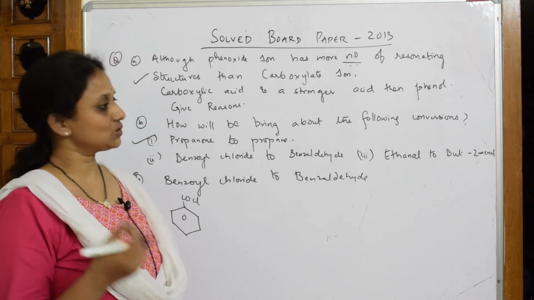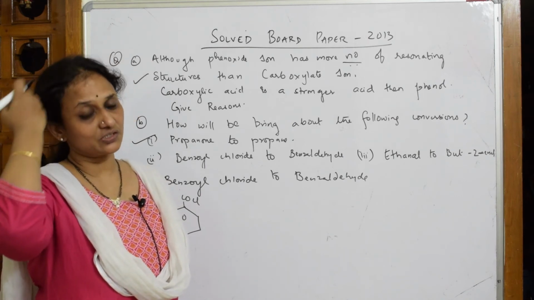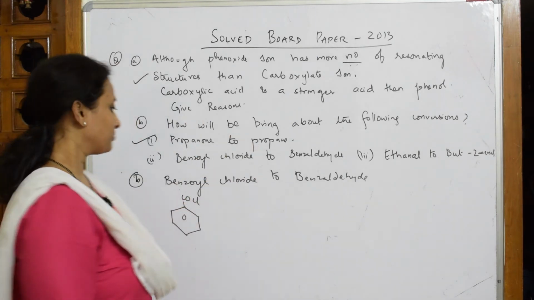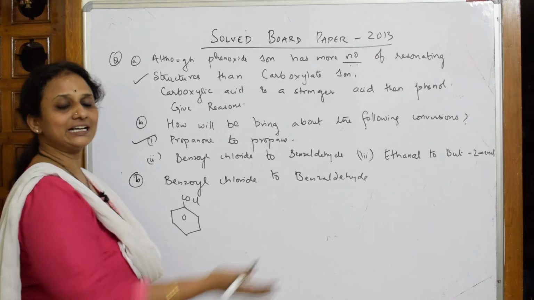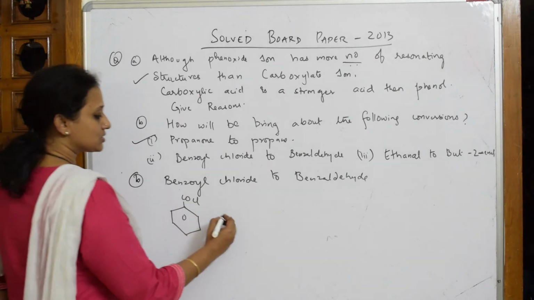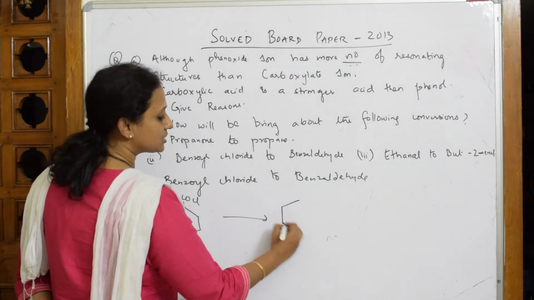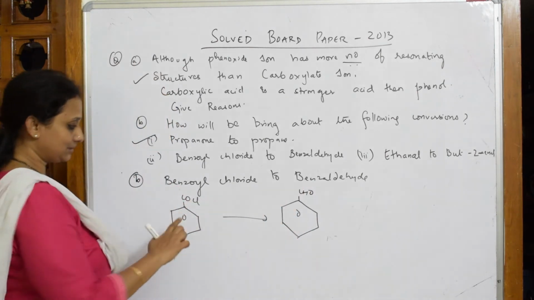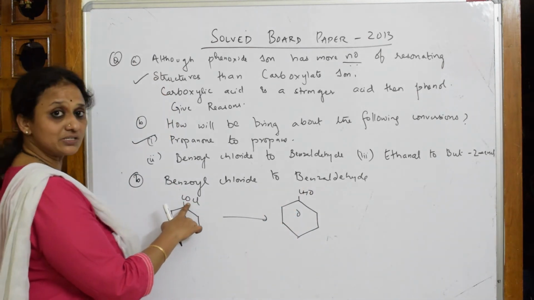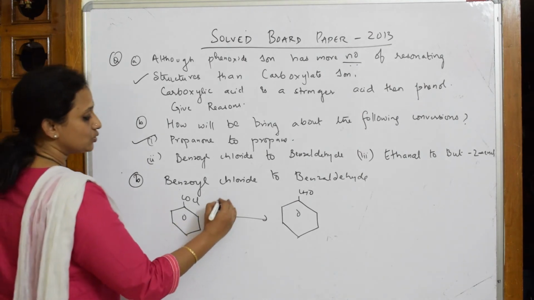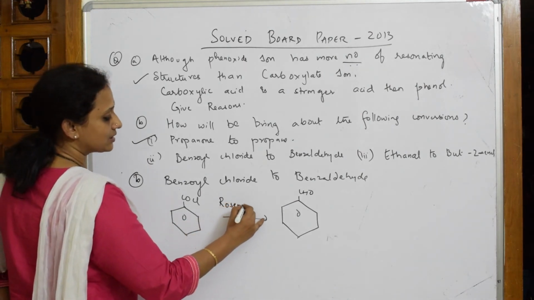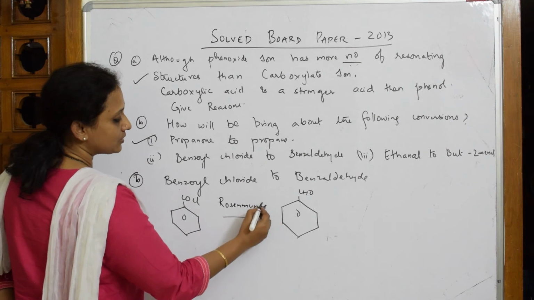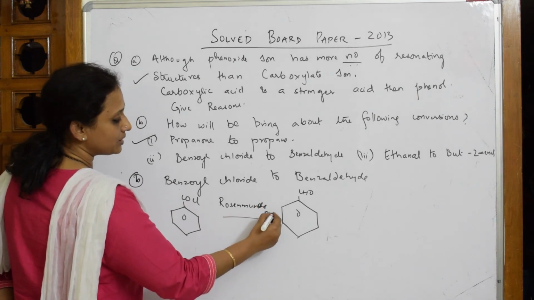So this is also one way of giving name reactions. Instead of giving you name reactions directly, they'll give you in the form of conversion. So you can directly do the conversions. I have to convert it into benzaldehyde. Simple. As soon as you see this benzoyl chloride, you can use a process called Rosenmund reduction.